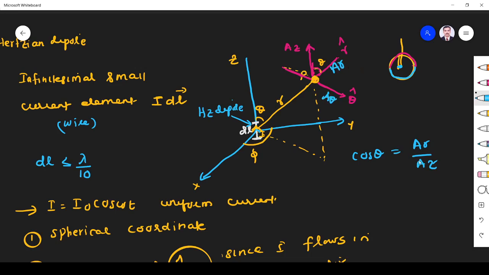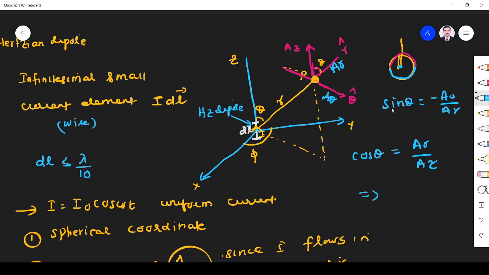So cos theta is adjacent by hypotenuse, AR by AZ. So this implies AR is equal to AZ cos theta. Similarly here, it is positive sin theta, and it is negative sin theta.